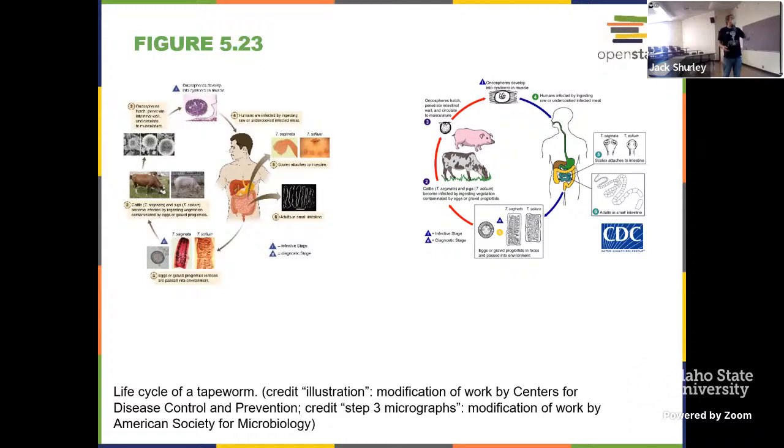We are the one that harbors the adult stage of the worm. There are potentials for some other mammals that might serve this purpose, but typically thinking about these guys, we are the ones that really are harboring the adult stage of the worm, all right? So we defecate these eggs out.